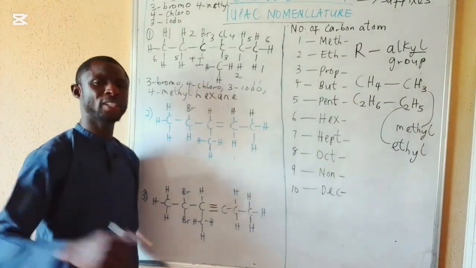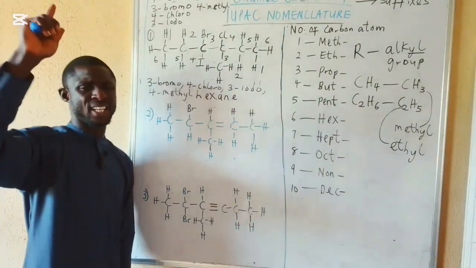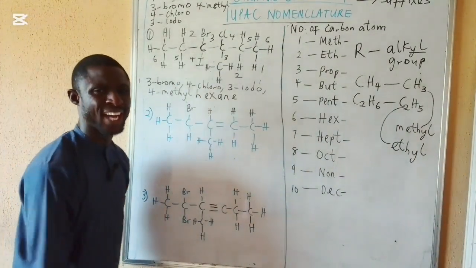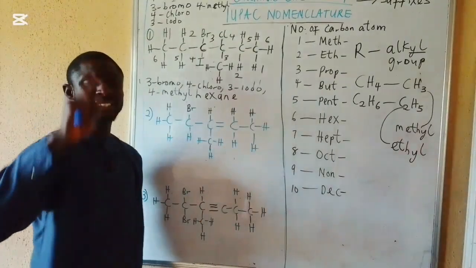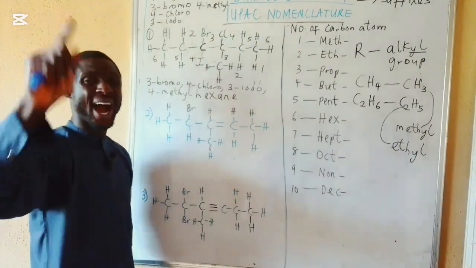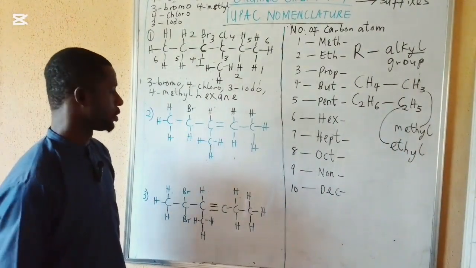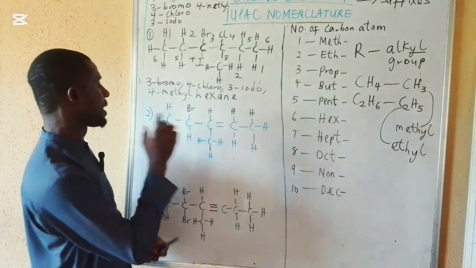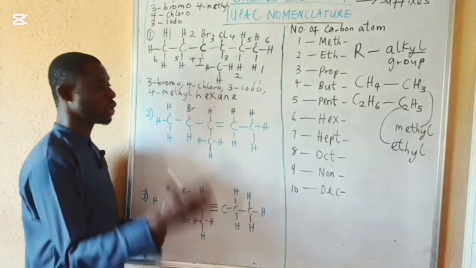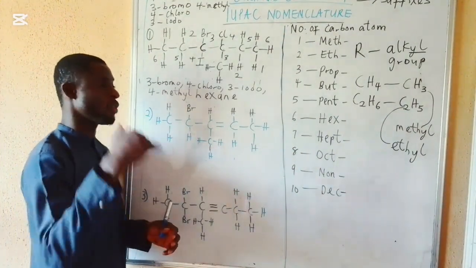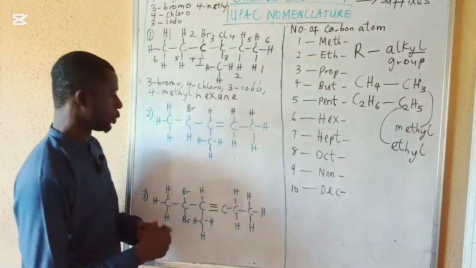But for other homologous series apart from alkane, we number in such a way that the functional group has the lowest numbering. So the first thing is to get our root and to number in such a way that our functional group has the lowest numbering.